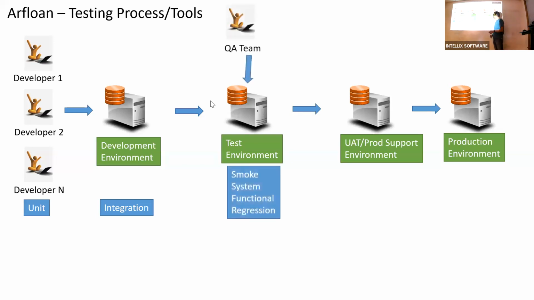You can list out everything you have in the book, but these are the main testing terminologies you will come across: system testing, functional testing, regression testing, smoke testing, and so forth. I hope you understand what those testings are.